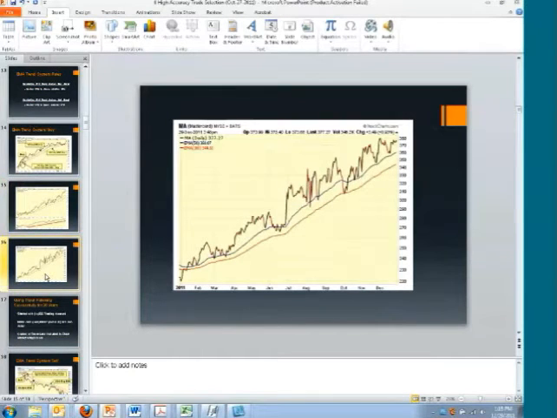Here's another price chart for Mastercard, the credit card company, and we also have option and stock positions with Mastercard. And again, you can see that 50-day EMA blue line above the 100-day EMA for an extended period here. So it's been in a price uptrend here for a while.